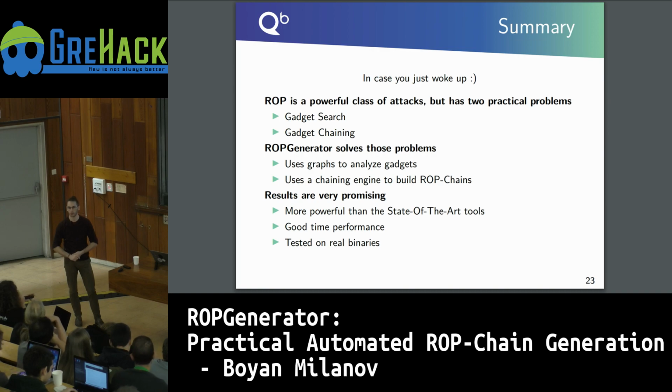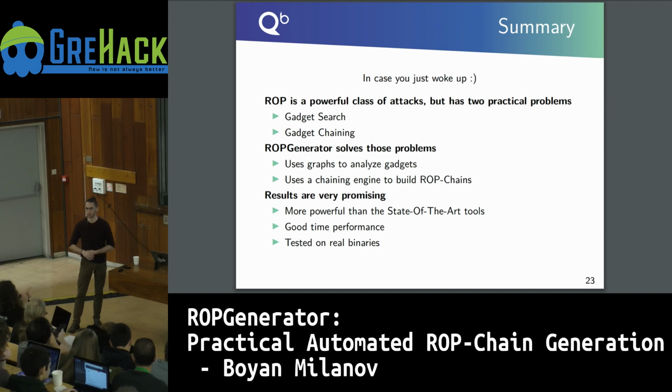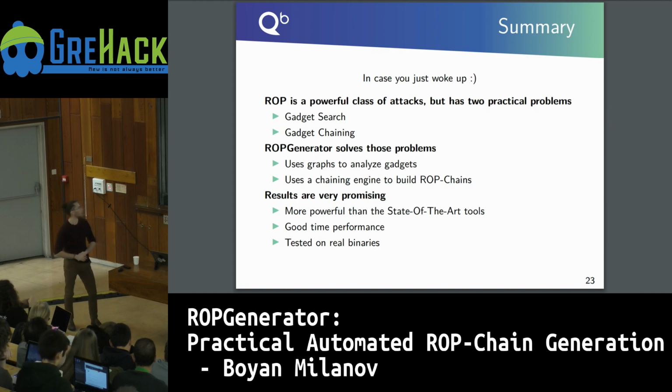Second question, what is the complexity? You say it's fast, but it depends on the input. The input, you mean the semantic query? No, the program you're analyzing. I didn't test it on 10 or 20 megabyte programs. Those were about 1 megabyte, and they generate around 40,000 gadgets.